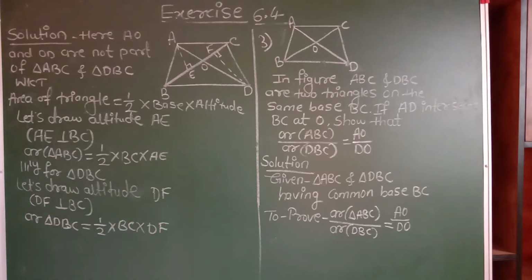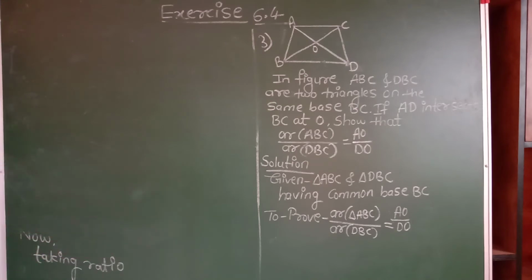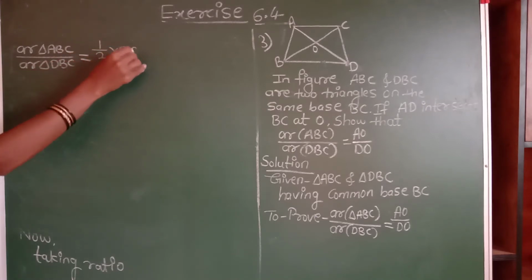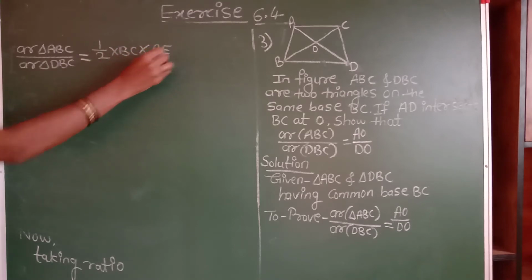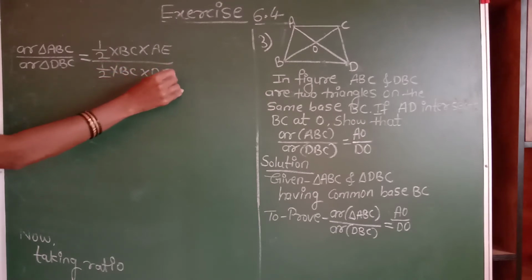Now taking the ratio. Area of triangle ABC divided by area of triangle DBC is equal to 1 by 2 into BC into AE divided by 1 by 2 into BC into DF.